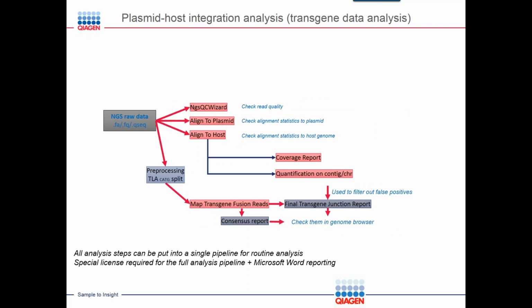I wanted to say that for 10.0, we think that we have the final and ultimate solution for this particular analysis. The whole pipeline is so advanced that all the user needs to do is provide the FASTQ file, and they will get a Microsoft Word report based on the analysis pipeline that we provided, with essentially every single analysis that they wanted from this transgene data analysis.